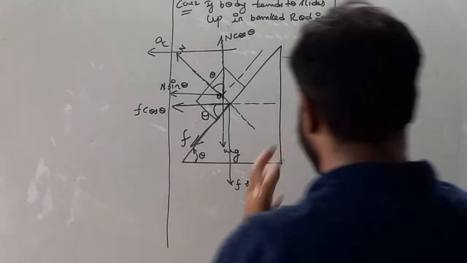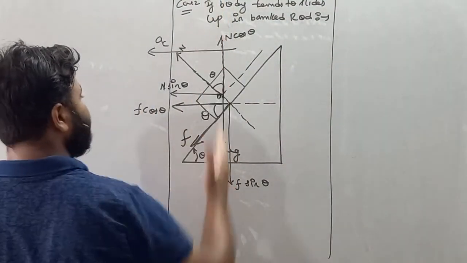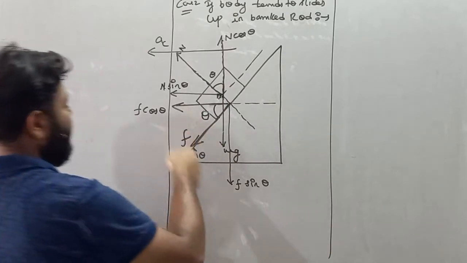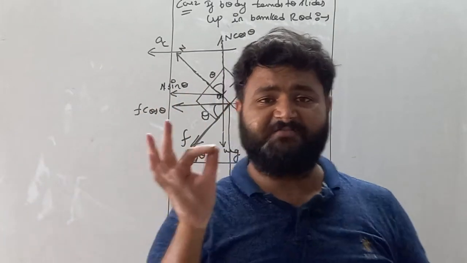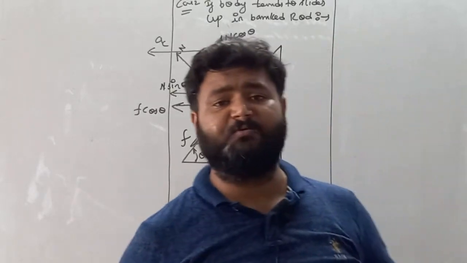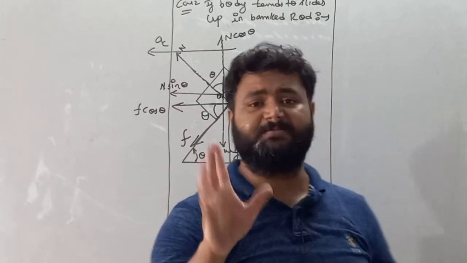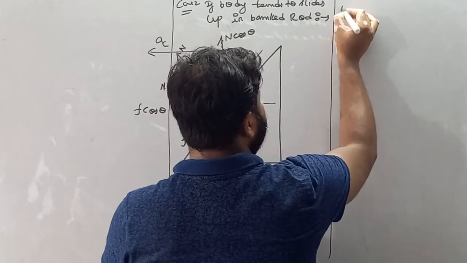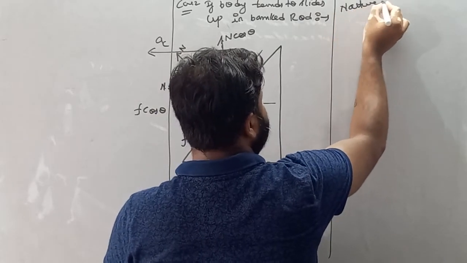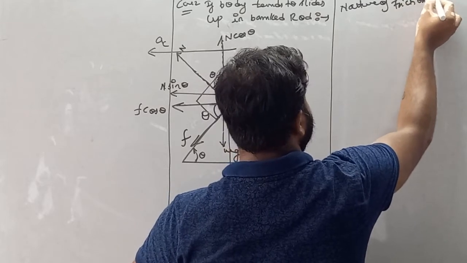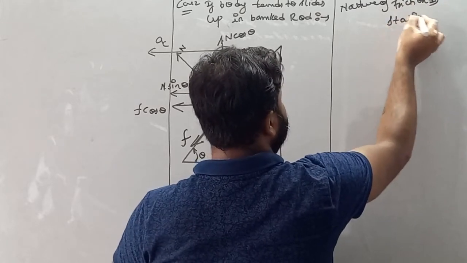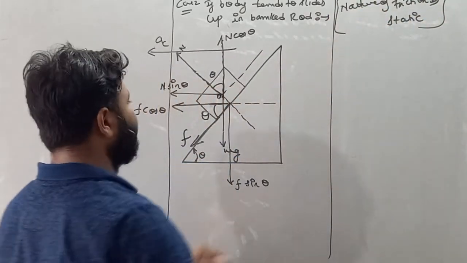Now see, my dear student, in this direction motion is not possible, and remember, as the body is not skidding, it is just moving. So if a vehicle is just moving, then the nature of friction must be static. So I am writing here, nature of friction is nothing but static. Remember this thing, nature of friction is static.